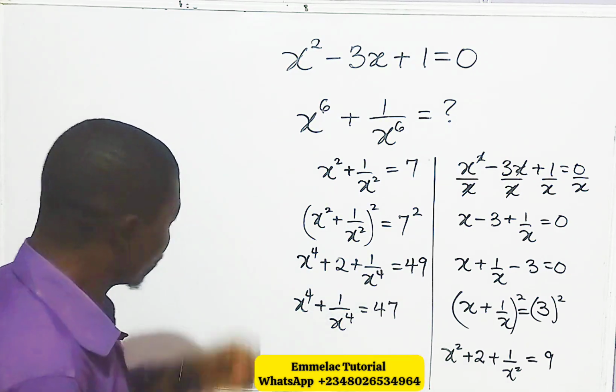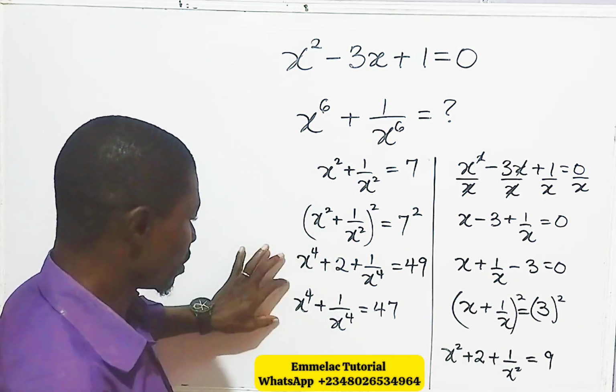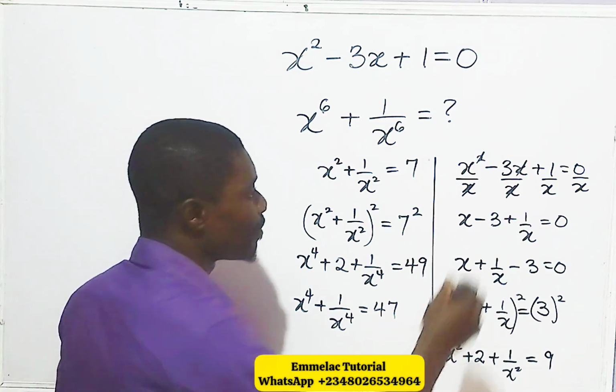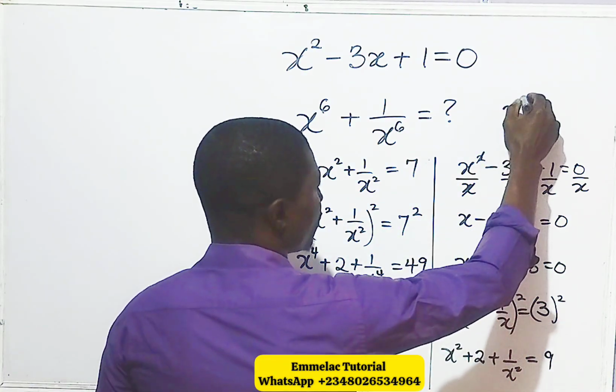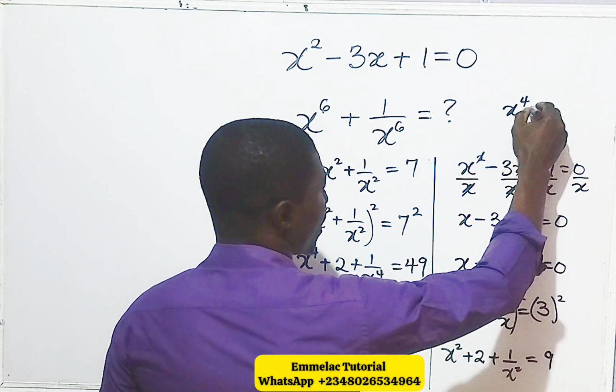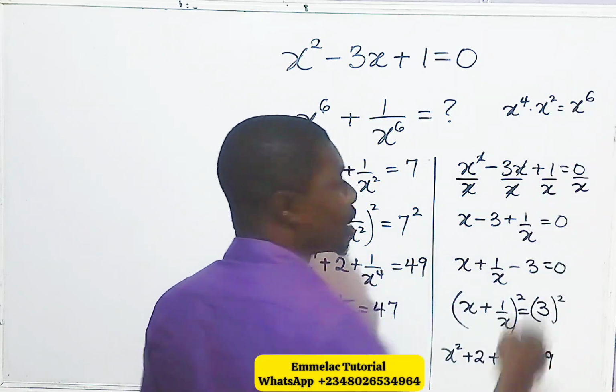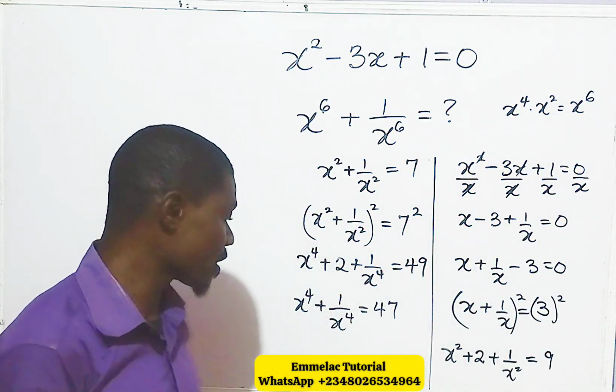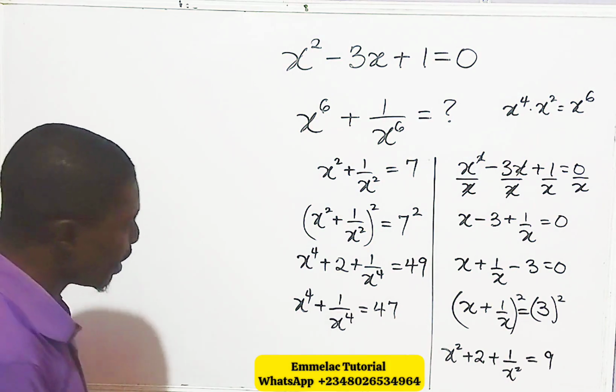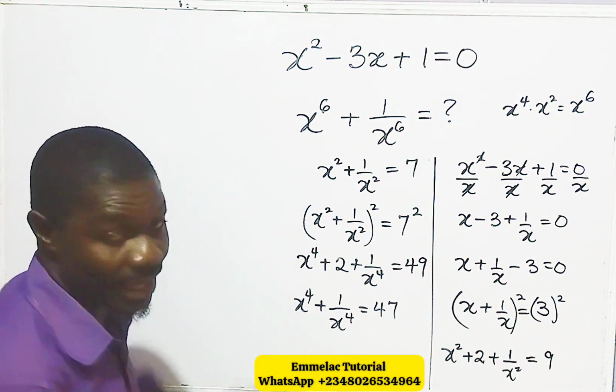Now looking at this equation, recall that if you have x raised to the power of 4 times x raised to 2, this will give us x raised to 6, because we sum up the exponents. Okay, so let's multiply this by this.